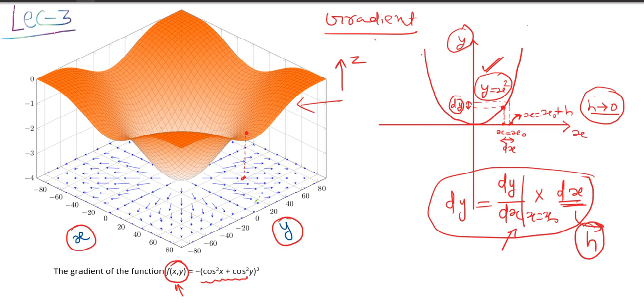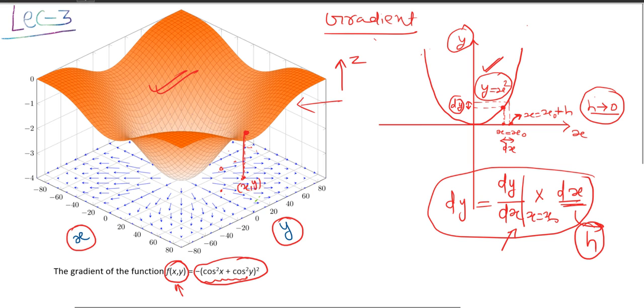So when you put any input x and y, you will find correspondingly the z distance. Let's say this is some point x and y, so you will find this point here. Similarly, for each point in the xy plane, you will find this curve.